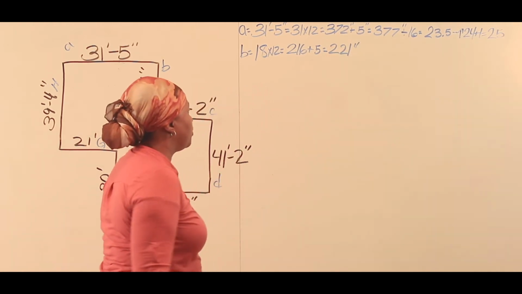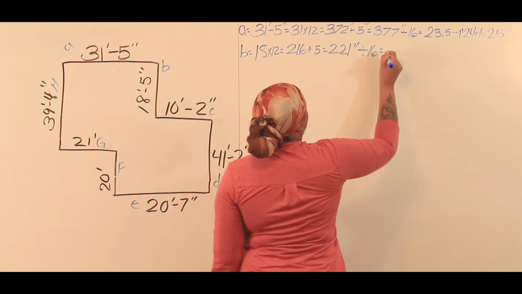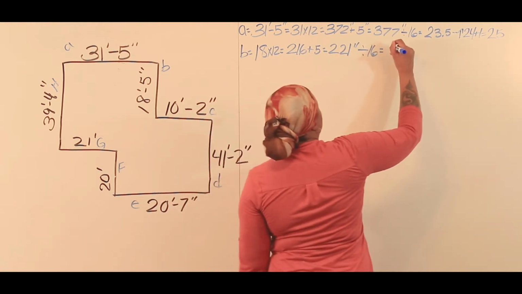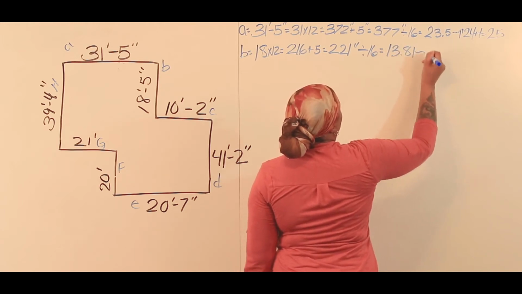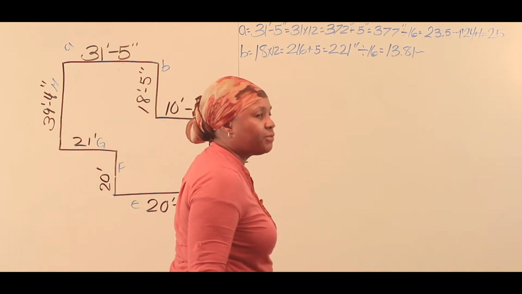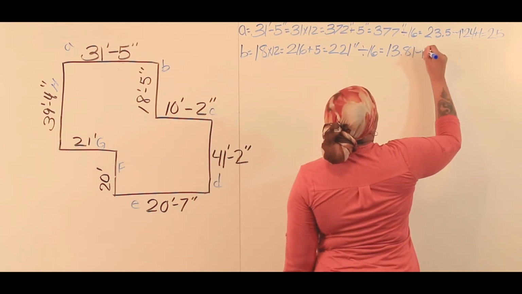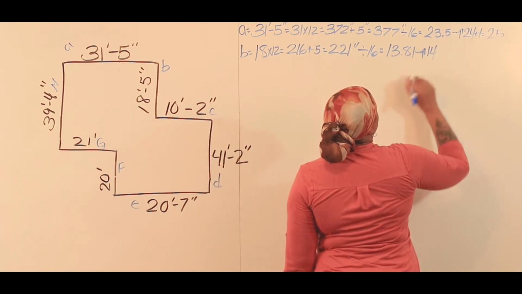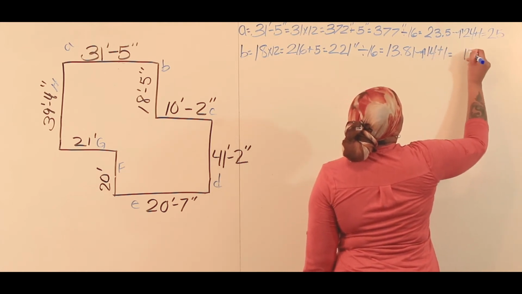Next step, we have to do what? Divide by 16. When you do, you get 13.8125. 13.81 and some other stuff. Anytime we have a decimal, doesn't matter what it is, we do what? Round up. We got 14 studs plus the starter stud. So we would need 15 studs for that one.